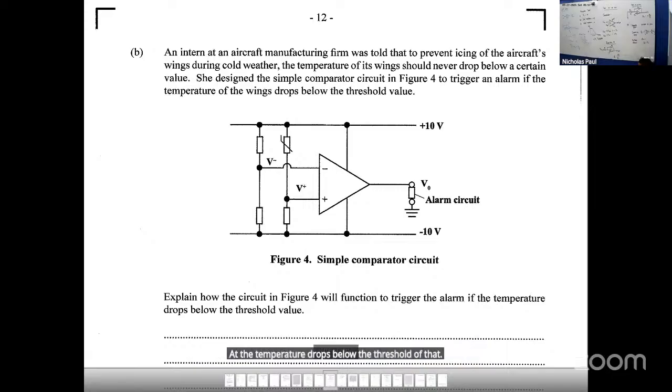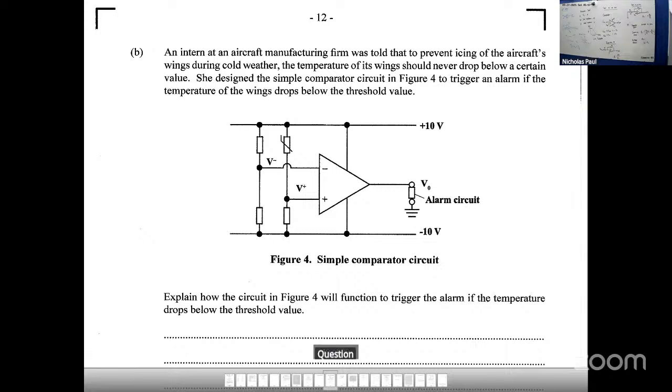Let me see if you remember how these circuits work. Look back at when we did the comparator.